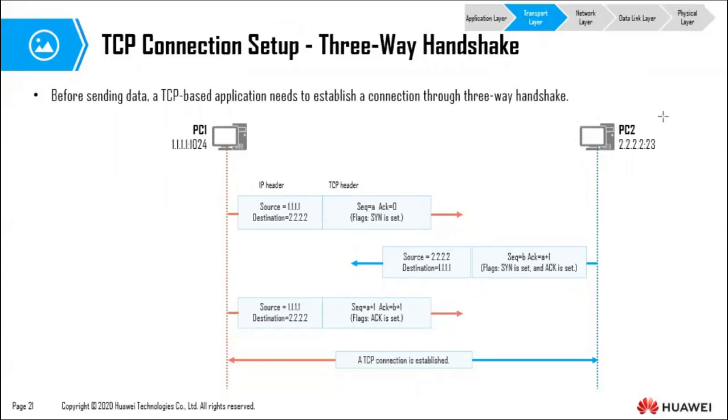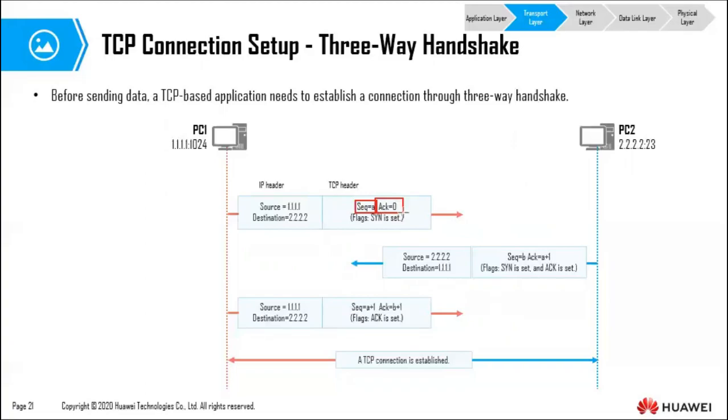So PC1 wants to initiate a TCP connection with PC2. Are you together? So what happens is that PC1 will, on the TCP header, generate a random sequence number, for example, A. Are you seeing that A? You remember the sequence field on the TCP header? Yes, now you see it is putting a sequence number, for example, A. Then the acknowledge number during this time is going to be set to 0, because this is not an acknowledgement, right?